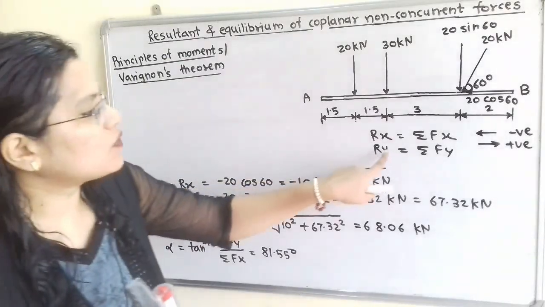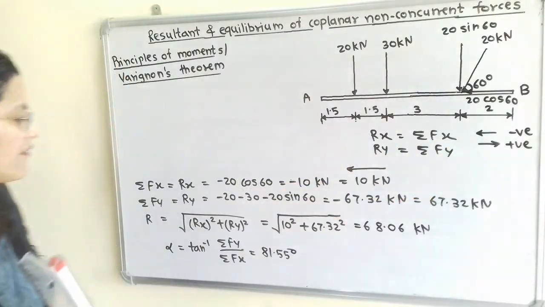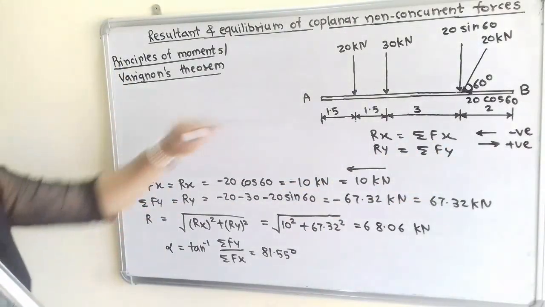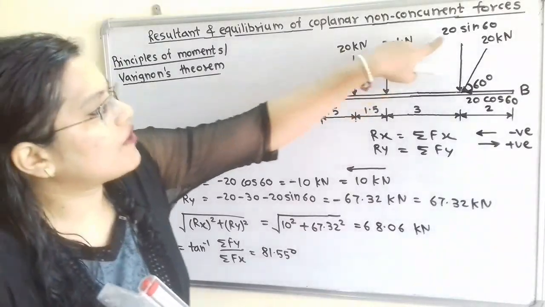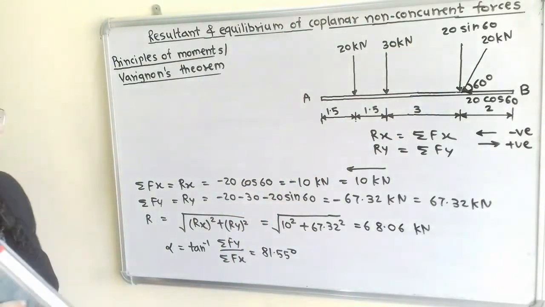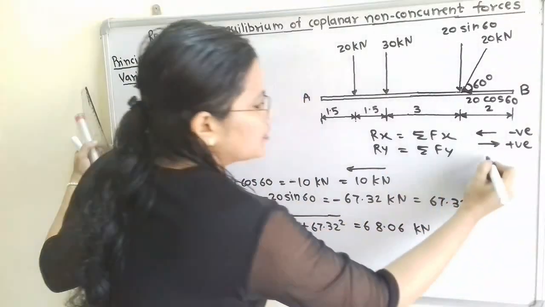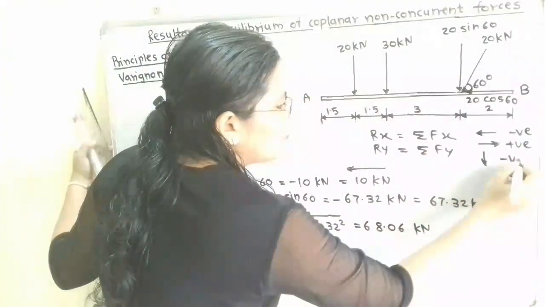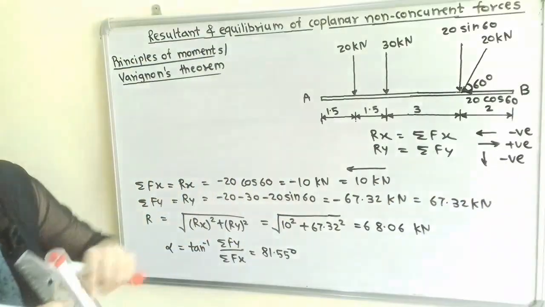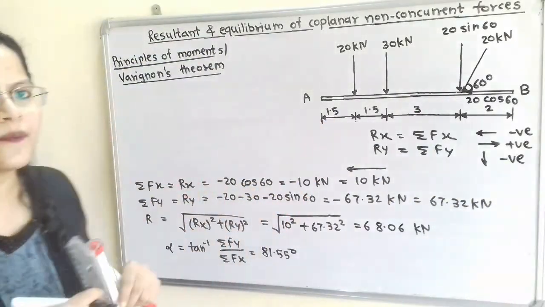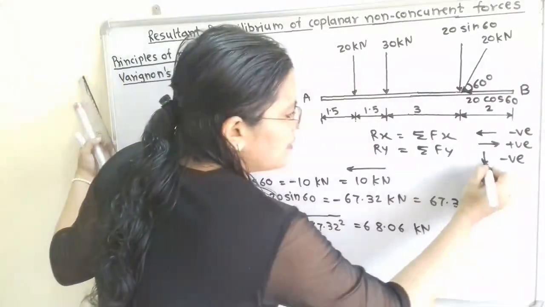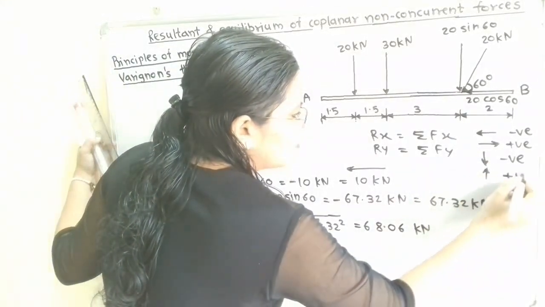Now we will find Ry, that is summation of Fy. How to find this? It is the summation of all vertical components of the forces. Here also there is a sign convention. For the downward direction we take a negative sign. We can take any sign, but for the opposite direction we have to choose the opposite sign, so for the upward direction we take positive.